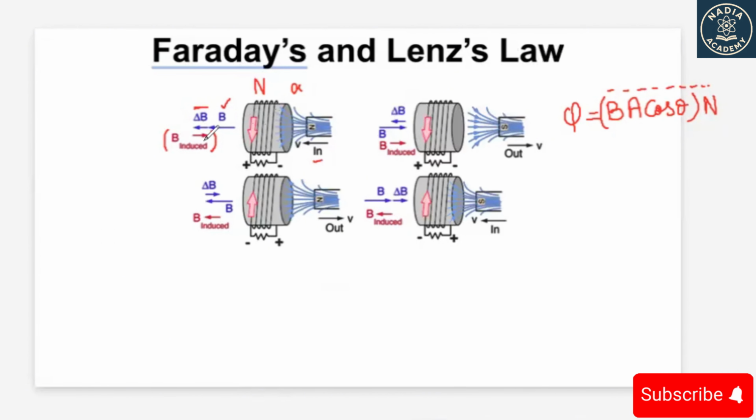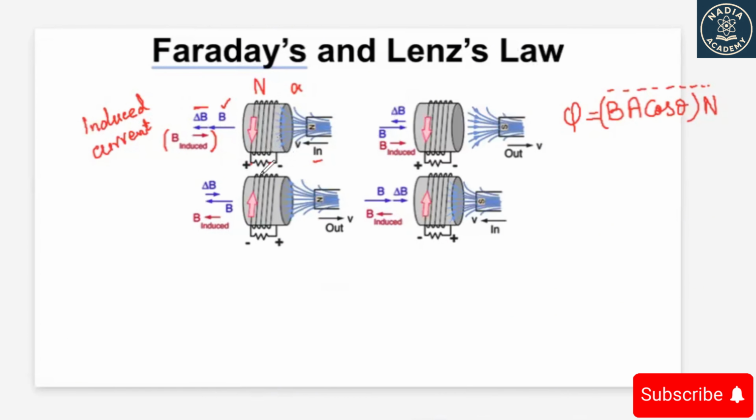This induced magnetic field is mainly because of the induced current, because when we have a current, there will be a magnetic field. So in this case, we have this flow of current. We have a positive terminal here, negative terminal here. If we have a resistance, then voltage will develop across this resistor, which is the induced voltage in this coil.